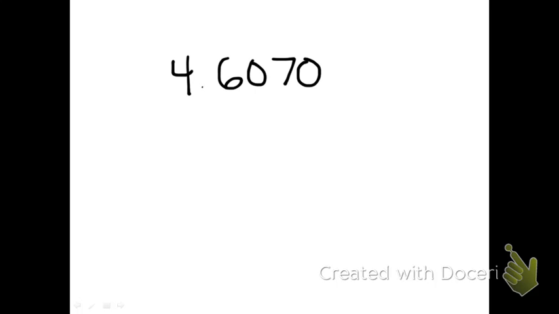Go ahead and pause this tutorial for a minute and see if you can come up with an answer. Alright, did you say that there was 1, 2, 3, 4, 5 significant figures? 5 sig figs should be in this answer.